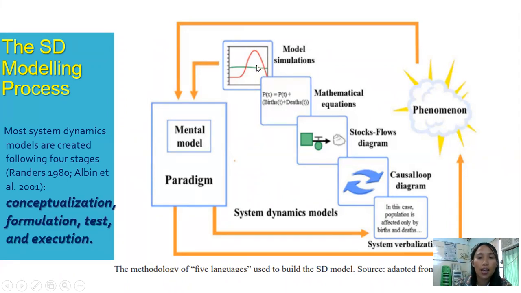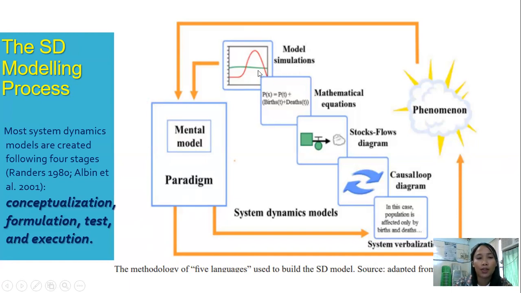Here, this is an iterative process because here we can model the behavior of our system over time, over the coming months or years, so that we could develop policies or model scenarios that may impact our system.